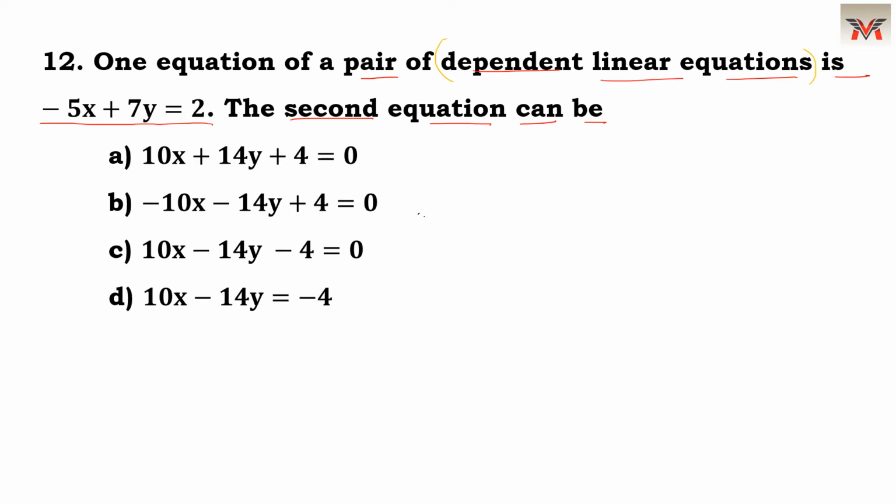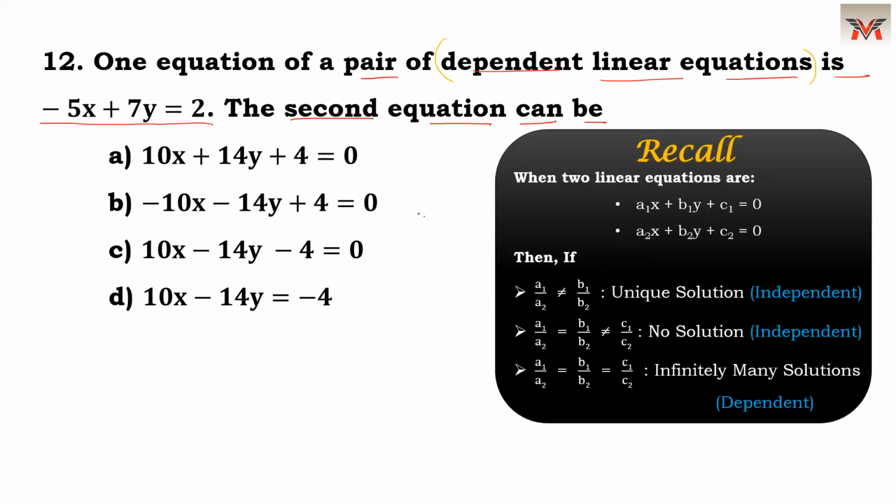We have already learned about the number of solutions two linear equations can have. We can have a unique solution, or no solution, or infinitely many solutions. When we have a unique solution or no solution, the system is known as independent, and when we have infinitely many solutions, the system is known as dependent.